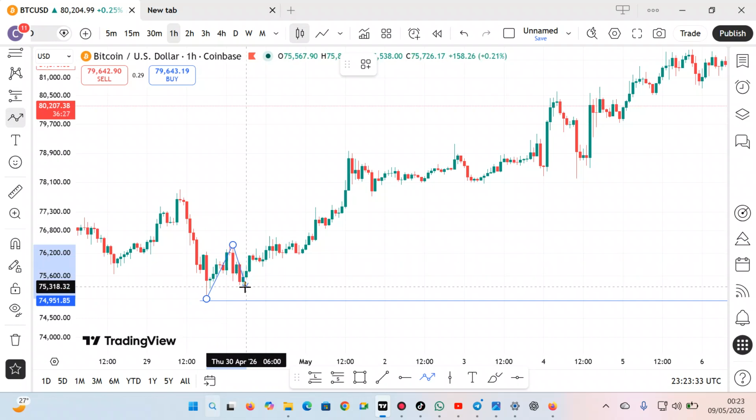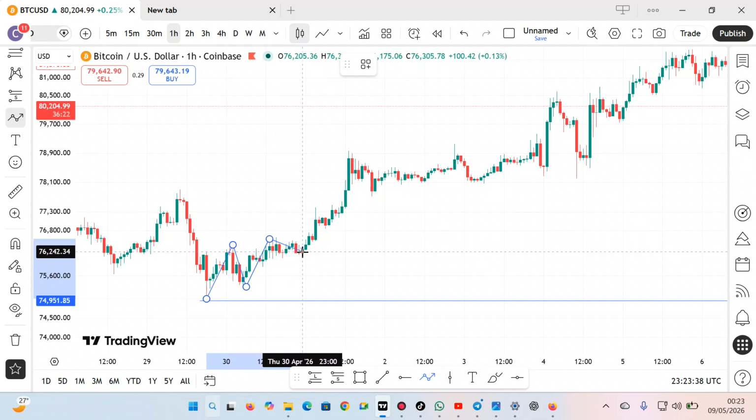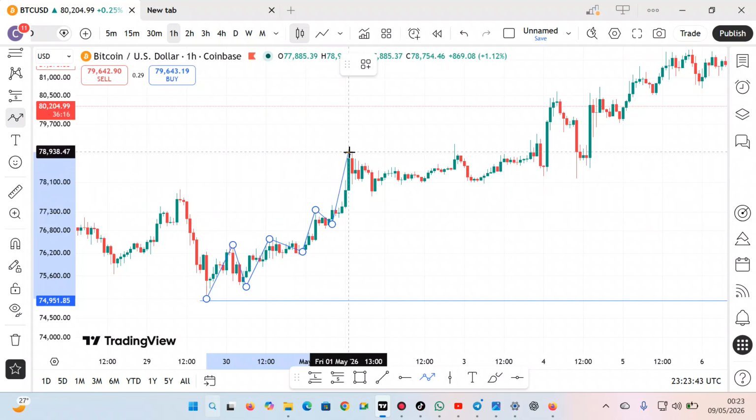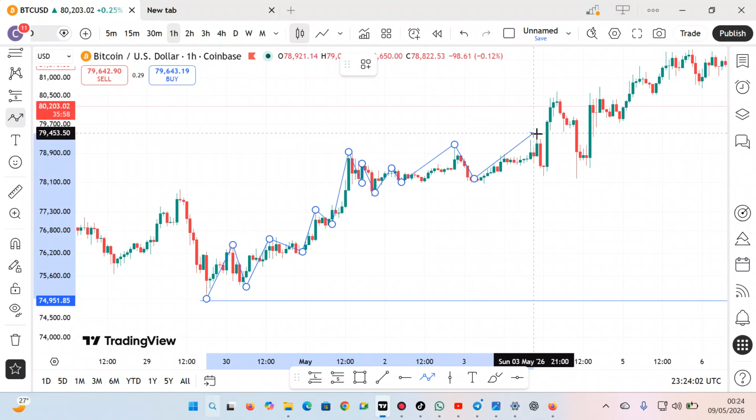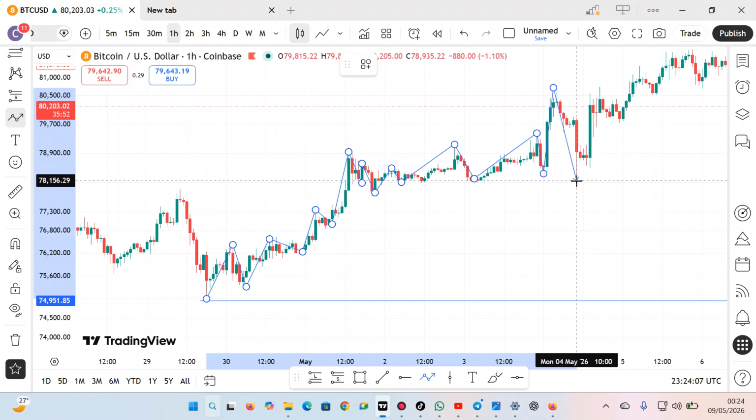Then it pulled back again and created another higher high, lower high, higher high, lower high, higher high, lower high, higher high, lower low, because this low is lower than this previous low.